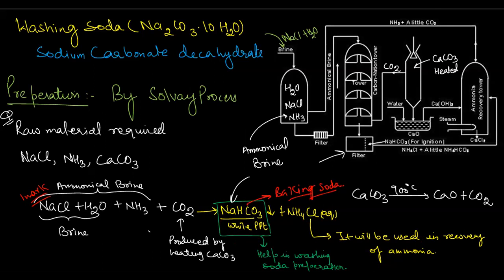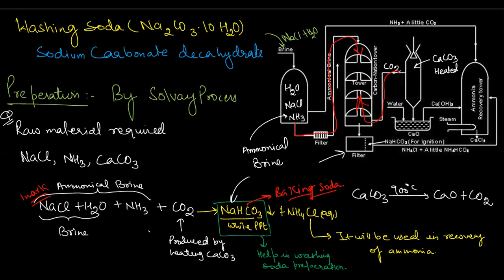Now this sodium hydrogen carbonate is used for preparing the washing soda. Means आगे का process इसी से होता है. Here, this is the carbonation tower, and we pass the ammonical brine to this tower, and we pass the carbon dioxide to it.